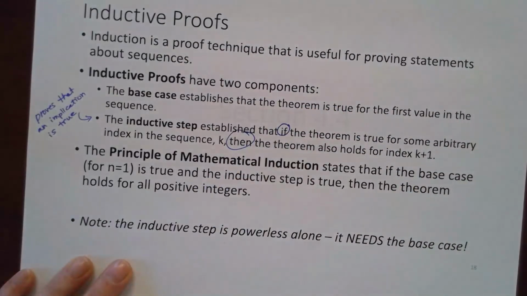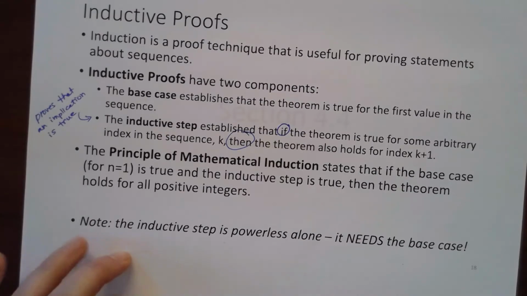We're just saying if it were true for k, then it would also be true for k plus 1. Now, does this prove that it's true for k? No. Does it prove that it's true for k plus 1? No. It just proves the implication that if it is true for k, then it has to be true for k plus 1. It's just proving that the implication is true.